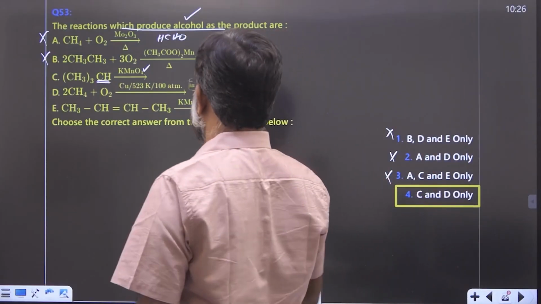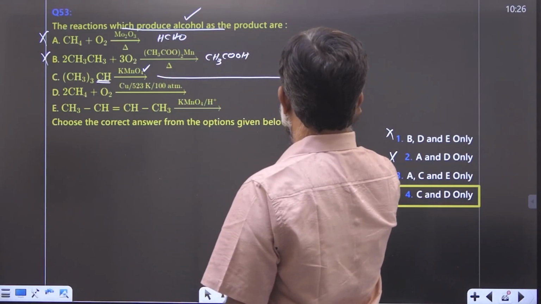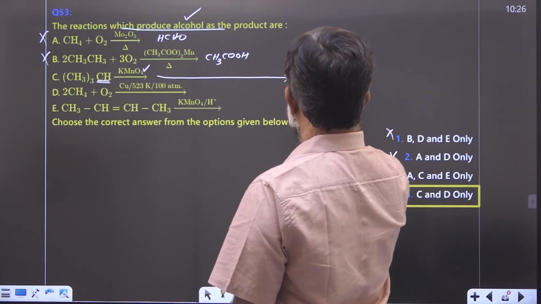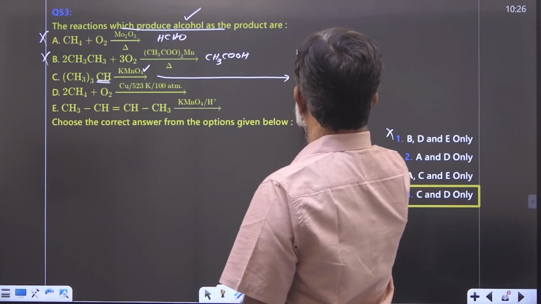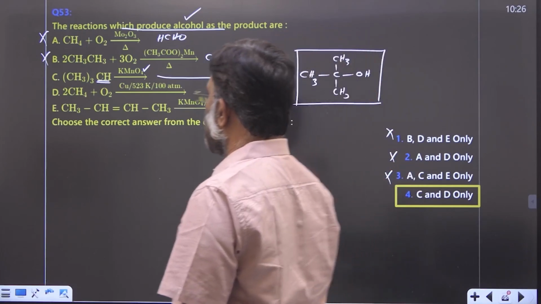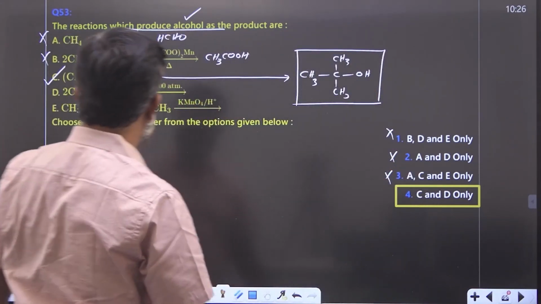The product obtained will be (CH3)3COH. You get a tertiary butyl alcohol, and C is one of our answers.